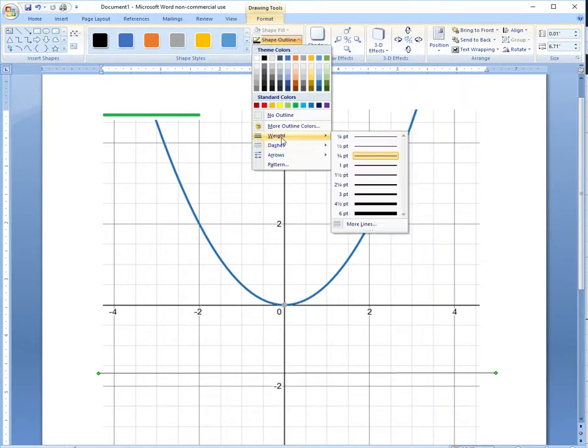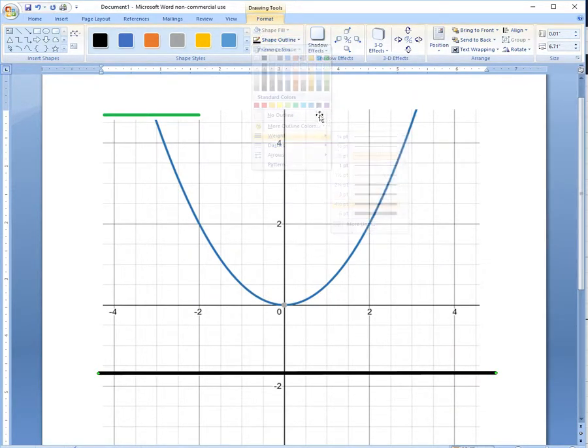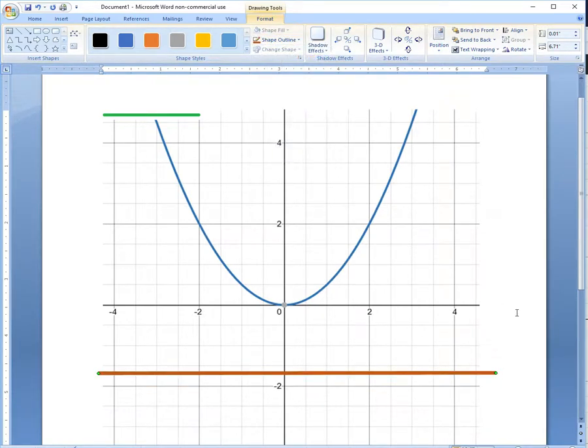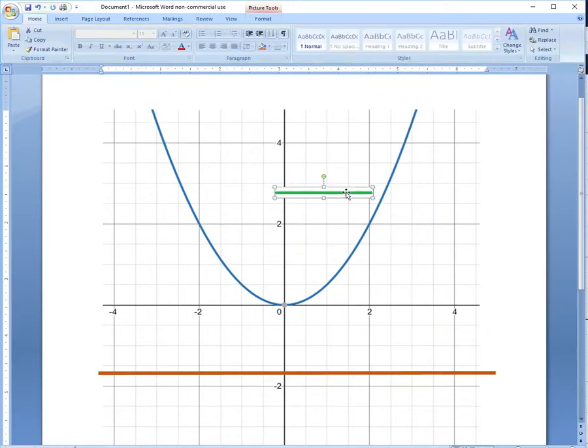Make it a big heavy weight line, and then make it orange or burnt amber. So from here, I take this line and replicate it.